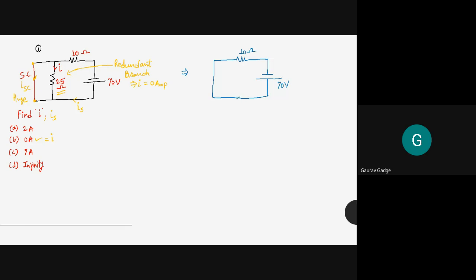Now, why am I writing the direction of that source current in this pattern, that is anti-clockwise? Why am I considering the direction of that source current anti-clockwise?